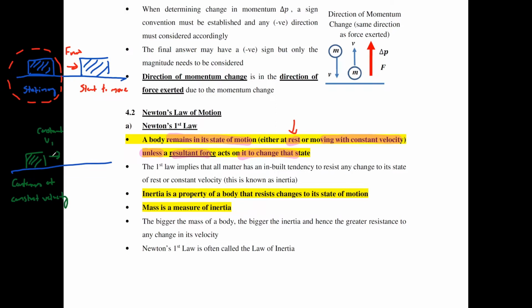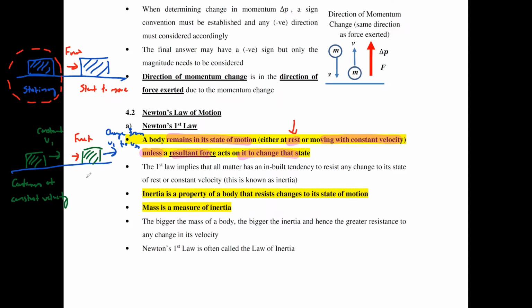But if suddenly I have a resultant force that acts on it, what will then happen is that the velocity changes. Now it may suddenly change from v1 to v2.